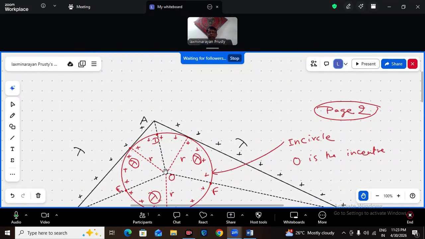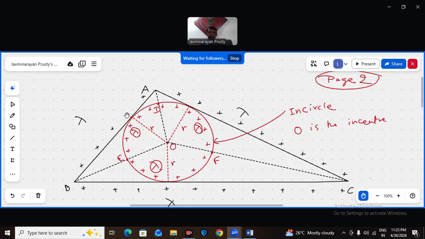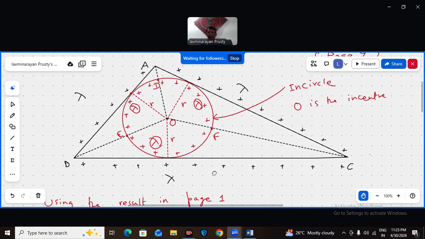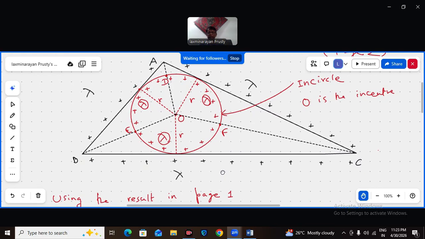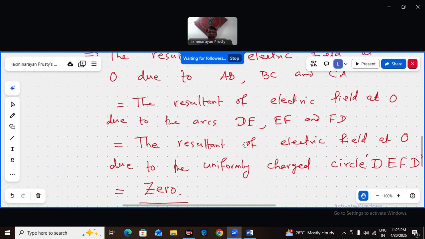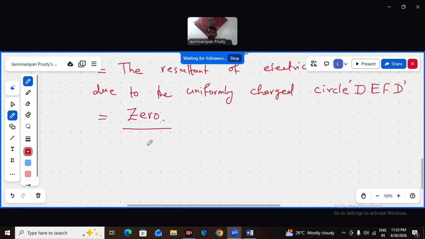That means at the incenter, the electric field produced by these three uniformly charged lines of the triangle ABC will be 0, not at the centroid or orthocenter or excenter. It is only the incenter. So this is extremely important. So this is the proof. Thus proved.